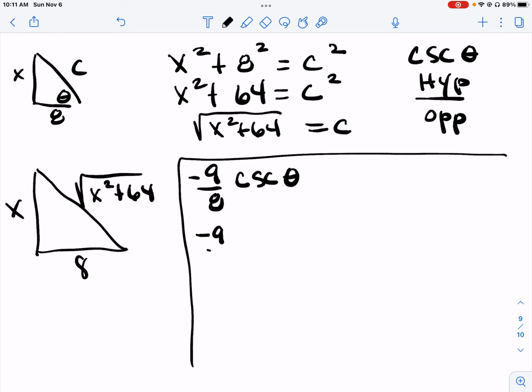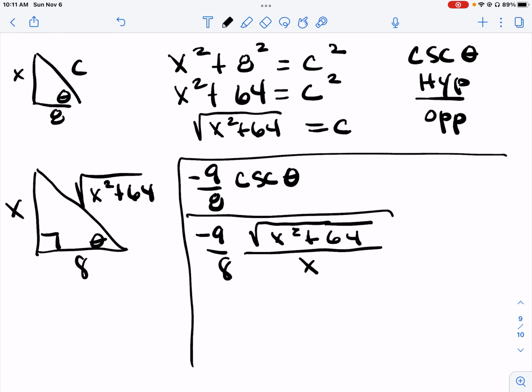So this is negative 9 over 8. The hypotenuse is the square root of x squared plus 64, and the opposite is x, plus C.